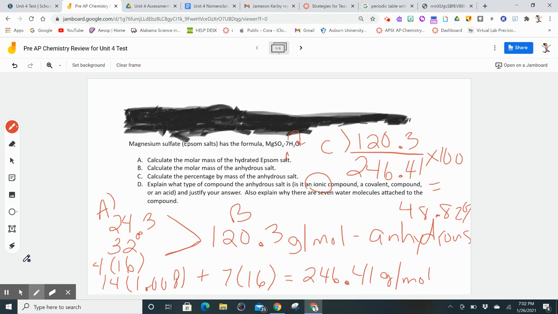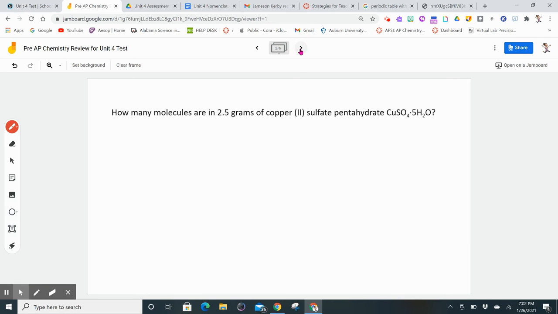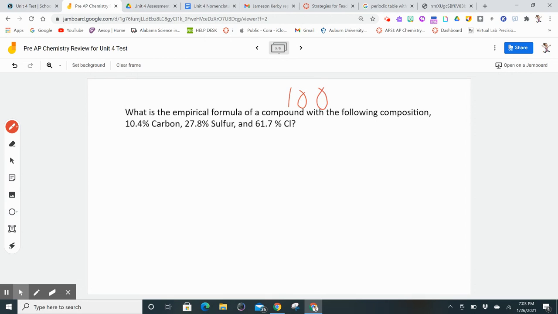Okay, so let's look at another example with empirical formulas. Let's do this one. What is the empirical formula of a compound with the following composition? The first thing we need to do is make sure that we understand that we are basing this off of 100 grams.